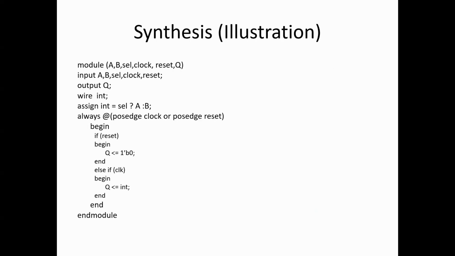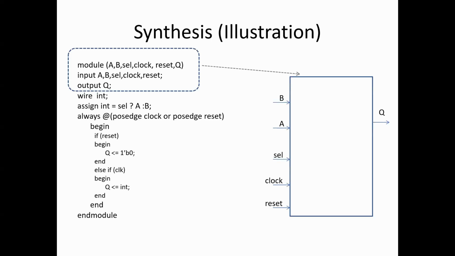So let us look at an illustration of synthesis, how it is going to happen. Here I have a code. The first step the synthesizer is going to do is a syntactical check, and then it will start mapping my design. This is my module. It maps to the top level ports of my design. Then I have a statement assign int is equal to A or B depending upon the selection, so it becomes a mux.